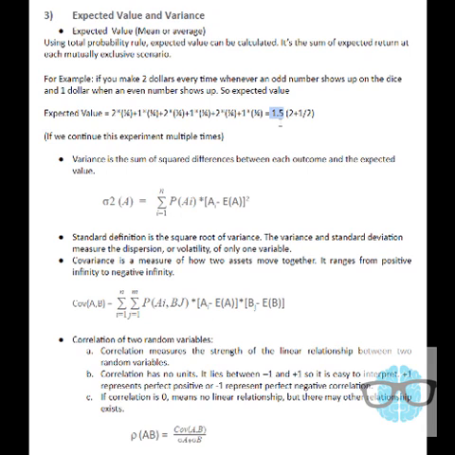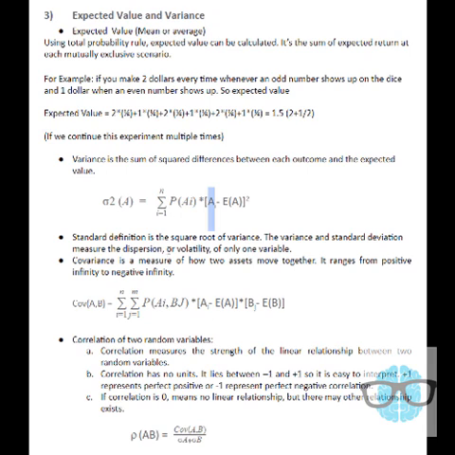What is variance? Variance is the sum of squared differences between each outcome and the expected value. Once we know the expected value, meaning the mean or average value, we subtract it from each outcome value, take the square of it and multiply by its probability, and we get the sum of squared differences, which is the variance of the experiment.